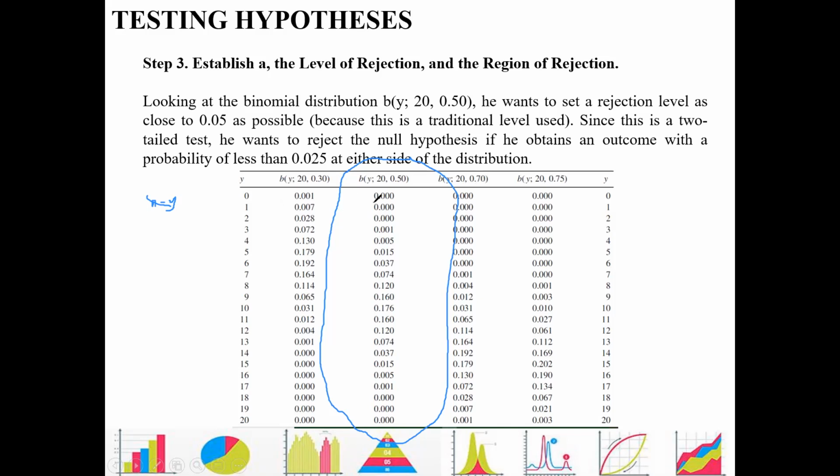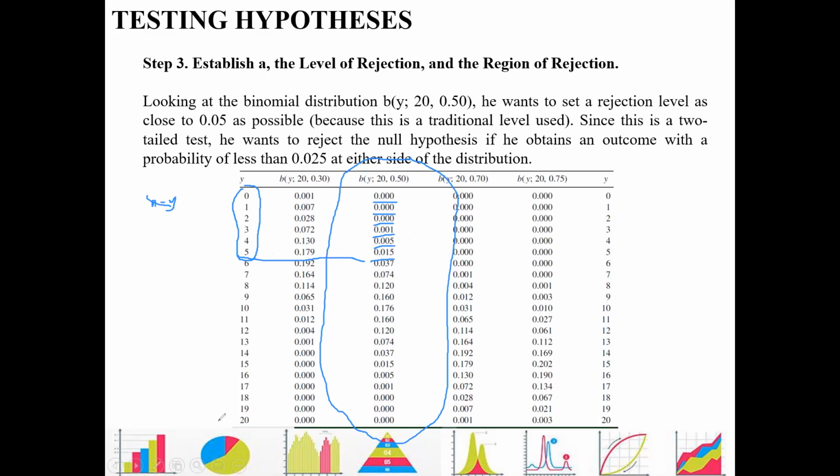So ano yung mga yon? Sa 0, sa 1, sa 2, sa 3, 4, 5. Ayan, stop na tayo diyan. So ang ating region of rejection is 0 to 5.